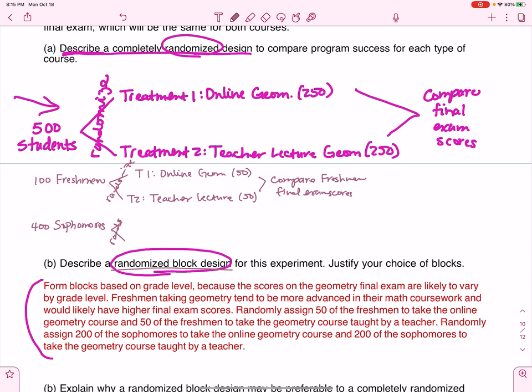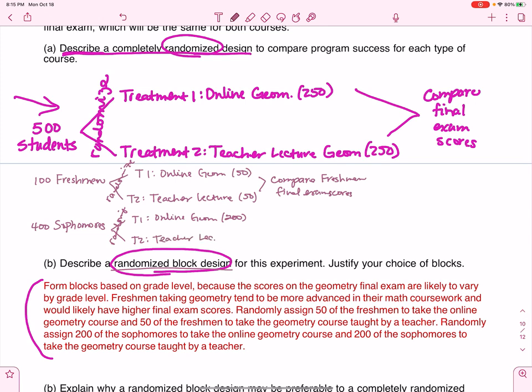Once you block, it is important that you realize when you block, you never bring the blocks back together. You think they're going to behave differently, so you don't bring them back together. It's kind of like doing 2 experiments in one.